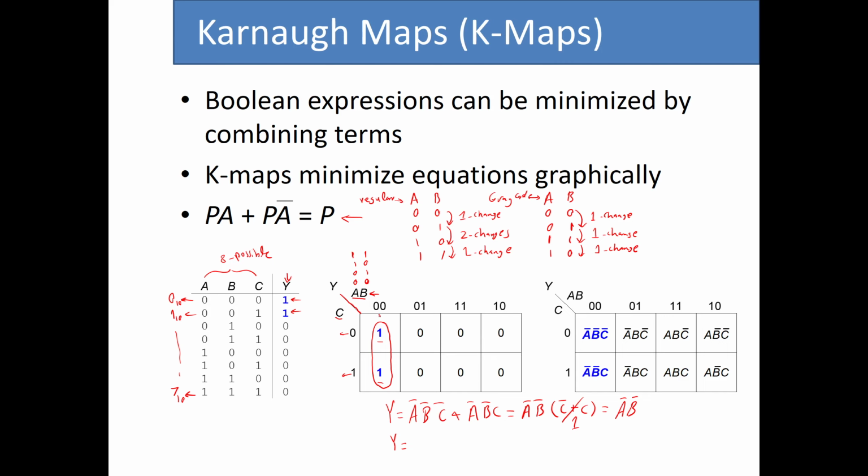So a is always 0 between the two, and b is always 0 between the two. So you use a bar and b bar. What about c? Since you have all the possible combinations of c covered in the Karnaugh map, you don't have to consider it in the final Boolean equation. So that means that your final Boolean equation is going to be a bar, b bar. And as you can see, it is similar to what we derived using the sum of product form and by applying the theorems.